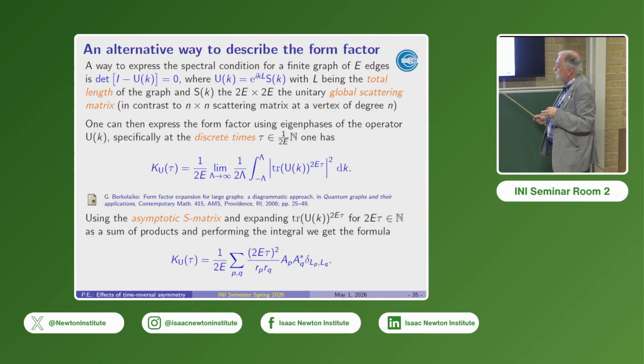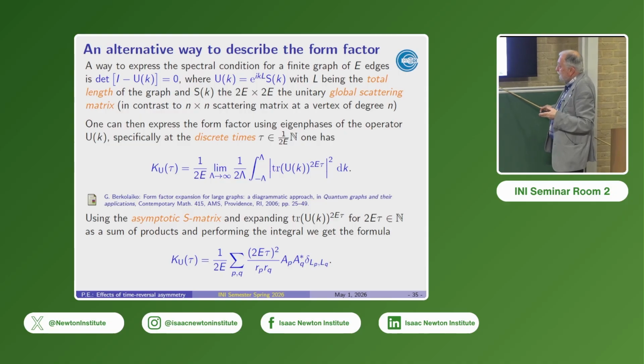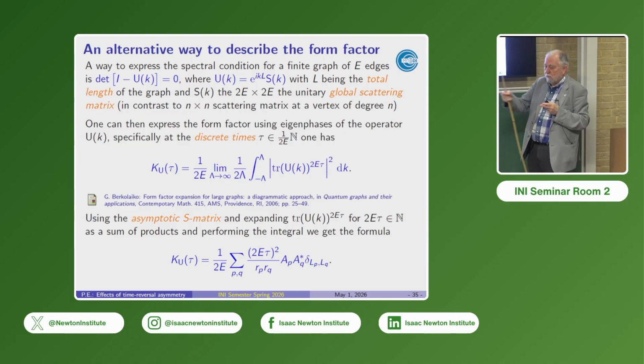And moreover, you can re-express it as a sum over periodic orbits. In this formula, E is the number of edges, A are the probabilities of passing through a vertex, L are the lengths of the paths, and if the periodic path is repeating, there is a repetition factor here.